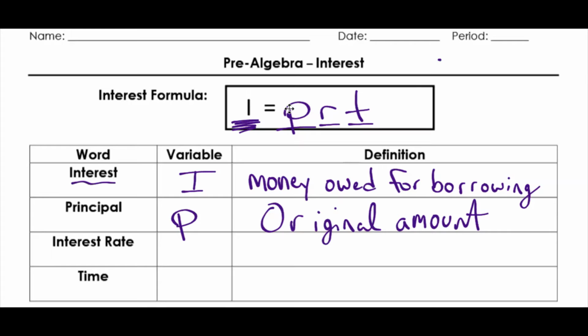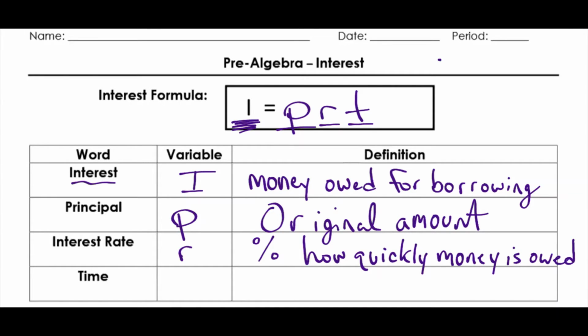The interest rate, which is the R here, is a percent, and that's how quickly money is being owed. It's basically how much money you're going to owe.